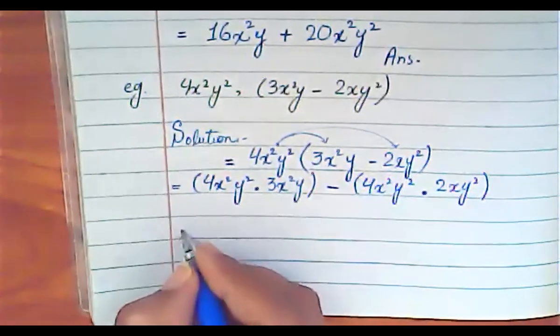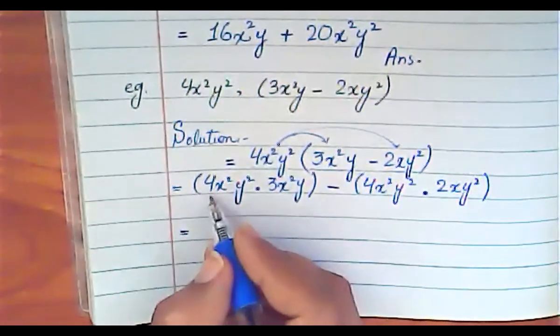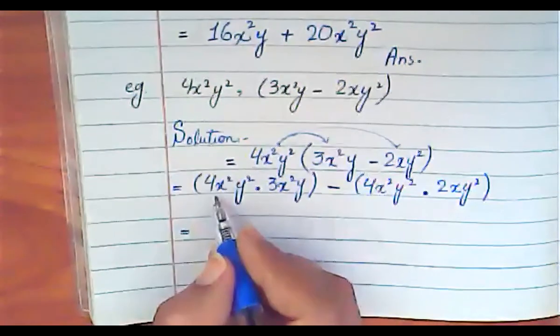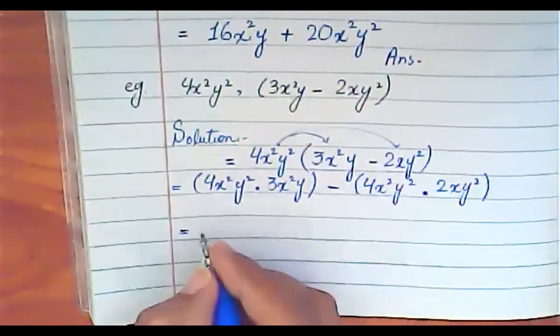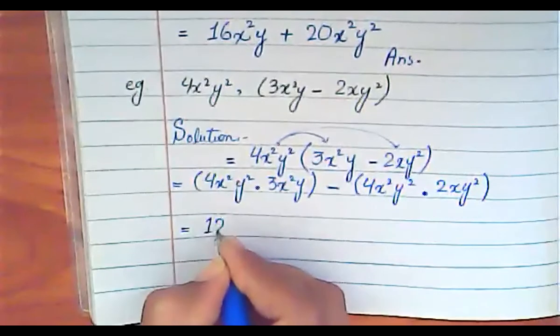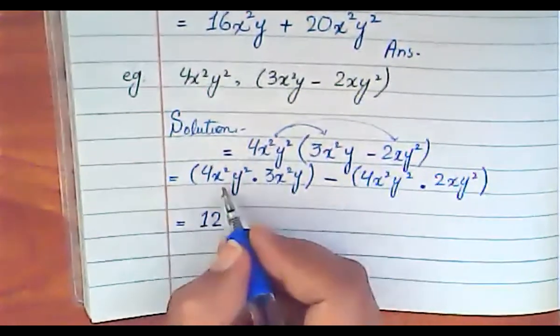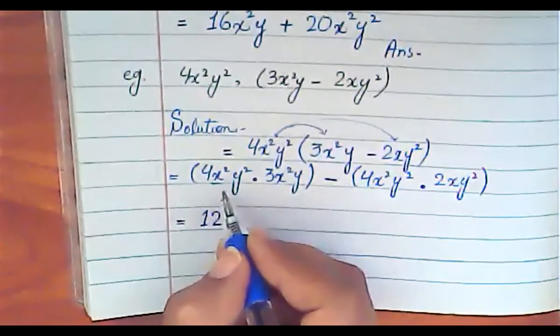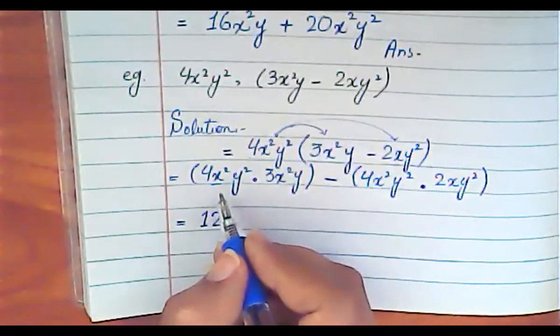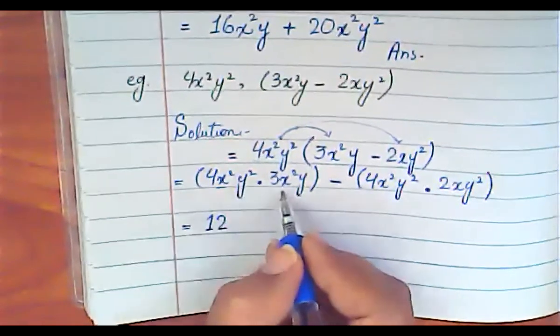Now you know the criteria. Coefficient will be multiplied with the coefficient. So 4 multiplied by 3 is 12. You will write here 4 multiplied by 3 is 12. Answer will be 12. But variables, now look at here, you have x square and x square.